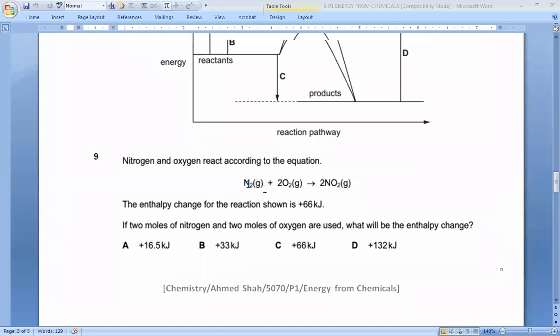Nitrogen is 1 mole and oxygen is 2 moles, so the ratio is 1 to 2. They produce 2 NO2. The overall change is plus 66 kilojoules. The enthalpy change for the above reaction is 66 kilojoules. If 2 moles of nitrogen and 2 moles of oxygen are used, what will be the enthalpy change?